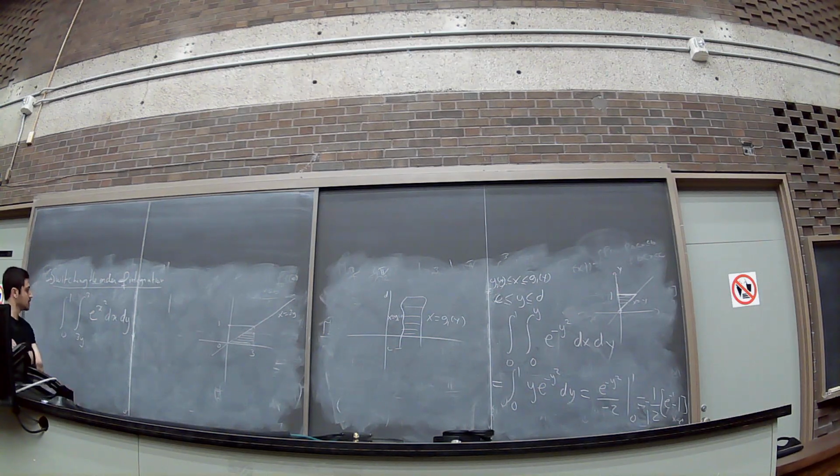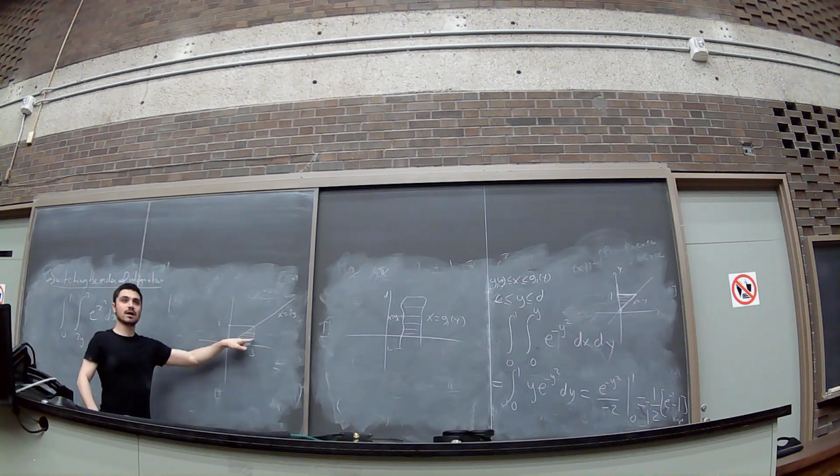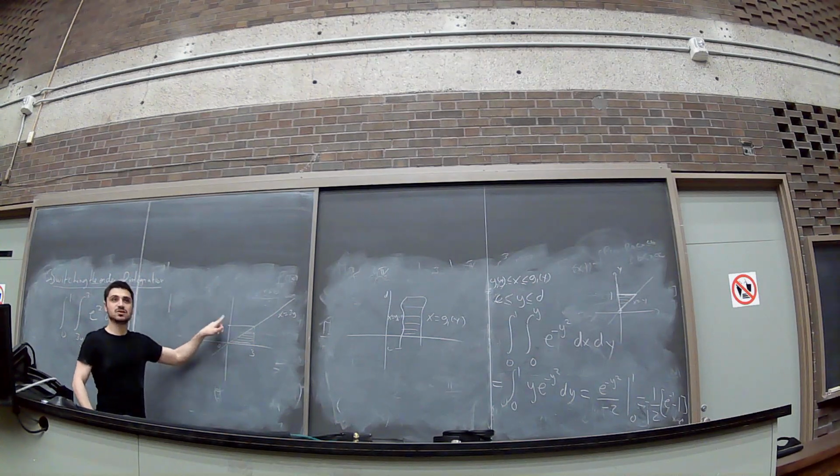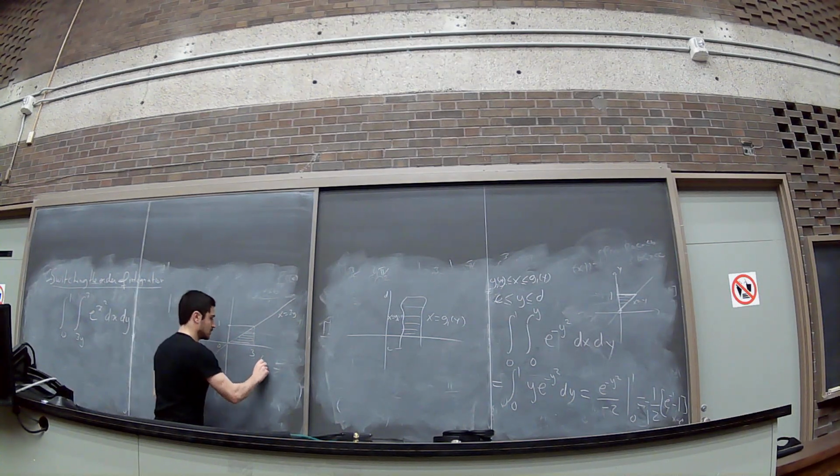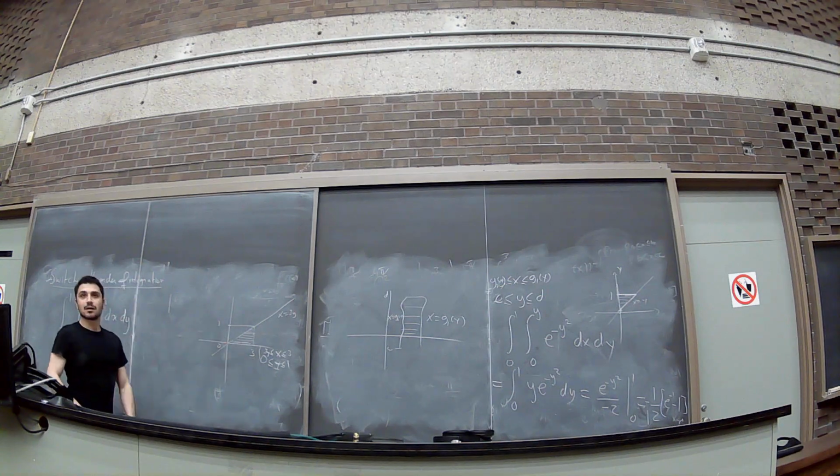Fortunately, there is something that you can do. Here I said that x goes from 3y to 3, and y varies from 0 to 1. You agree? y varies from 0 to 1, and x varies from 3y to 3. Can you describe it differently?